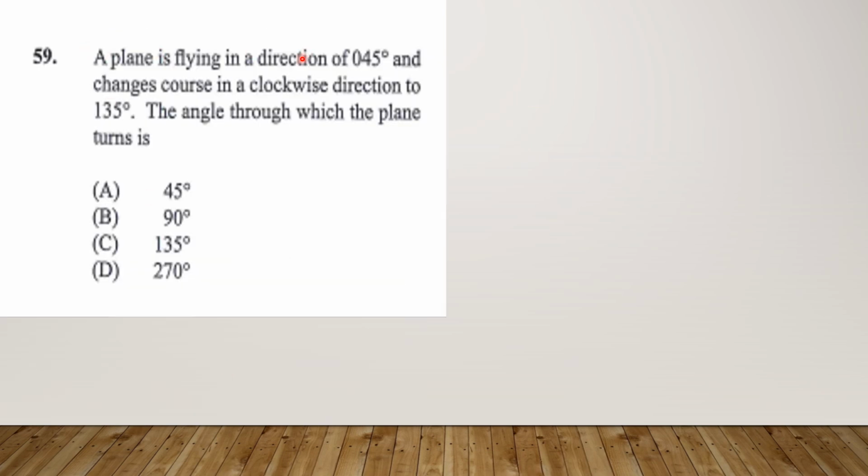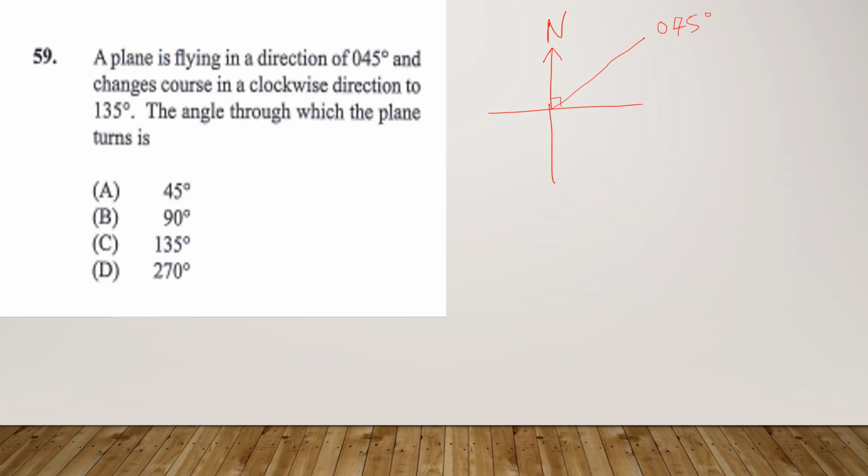59. A plane is flying in a direction of 045 degrees and changes course in a clockwise direction to 135 degrees. The angle through which the plane turns is, so let's have a diagram. So we know we have our north, so we know here, let's say north, this is 90 degrees, so in between 0, 4, 5.